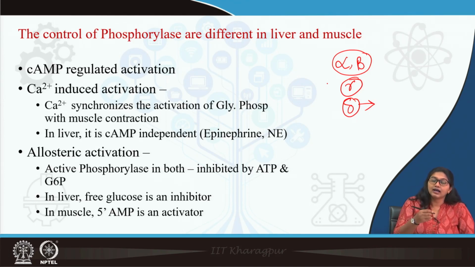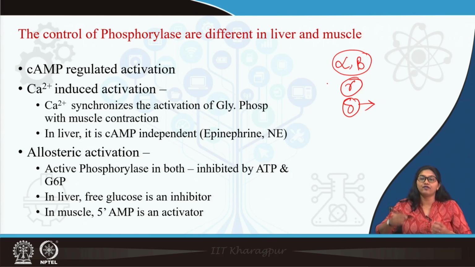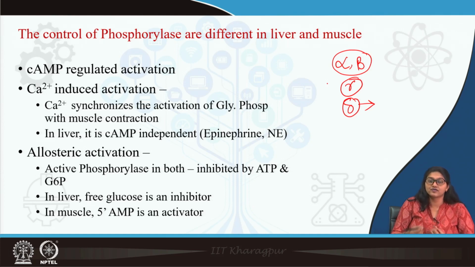In liver, calcium induced activation of phosphorylase kinase is basically a cyclic AMP independent mechanism, where after getting the signal from epinephrine and norepinephrine, there is extensive release of calcium from the sarcoplasmic reticulum. That calcium enters inside the hepatocytes. Inside hepatocytes, it activates the phosphorylase kinase.